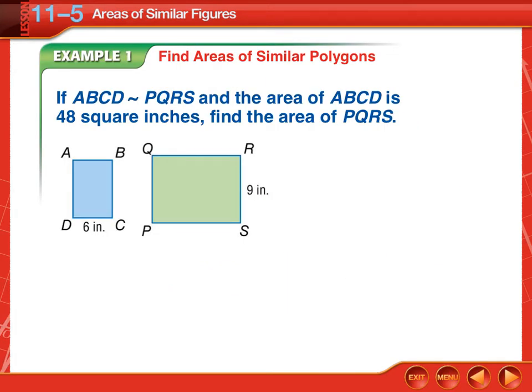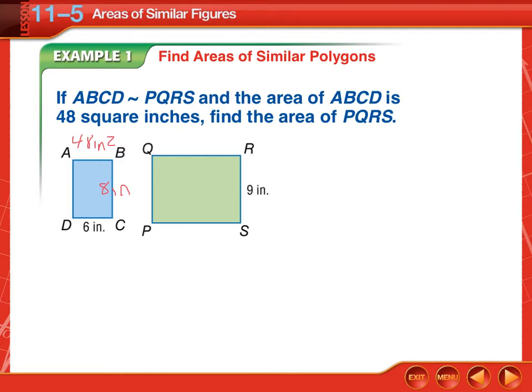Okay, let's take a look at how we can apply this theorem. If ABCD is similar to PQRS and the area of ABCD is 48 square inches, find the area of PQRS. Well, I know that most of you would probably approach the problem this way. If the area of ABCD is 48 square inches, and you have one side length of 6, then clearly the other side has got to be 8 to obtain an area of 48.